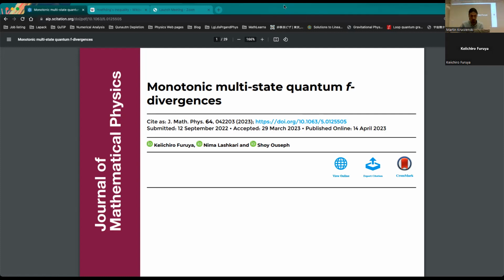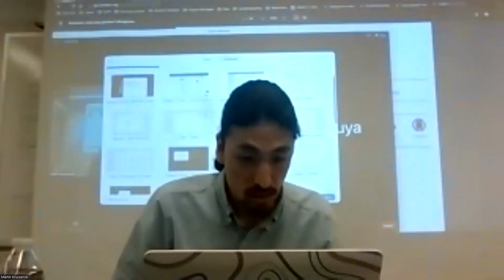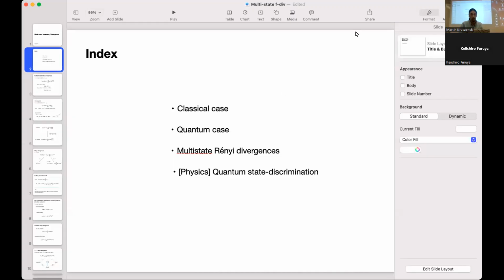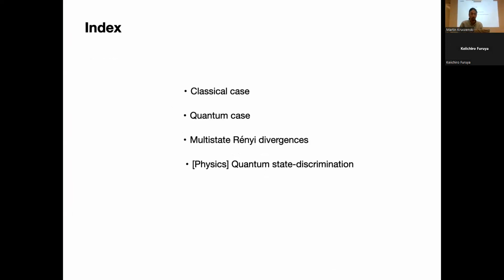Okay. So let's go to my slides. First we will review the classical case, like Kullback-Leibler divergences, and then we go to the quantum case, which is quantum mechanics, and in our paper we made the generalization.